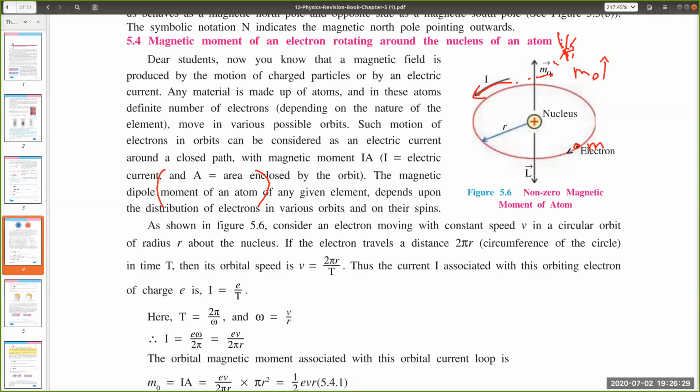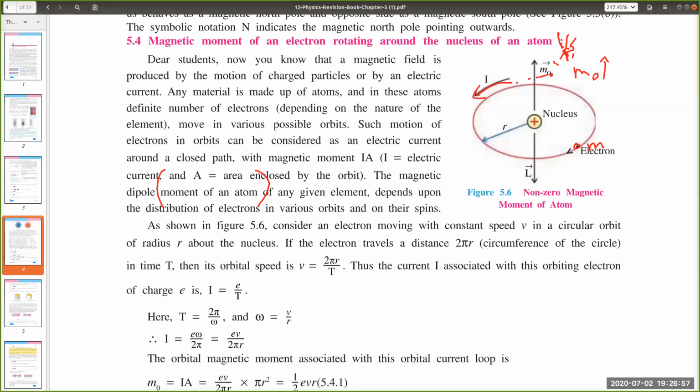See, if a mass is rotating like this, I will have to curl my fingers like this, right? And therefore my thumb will go into the plane.